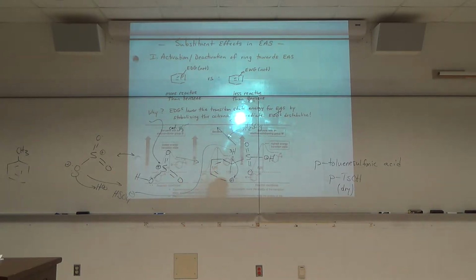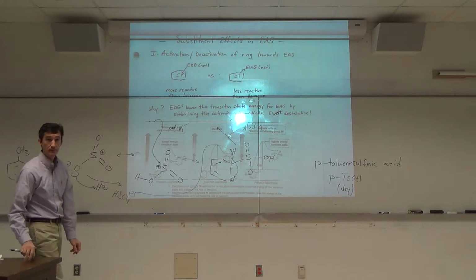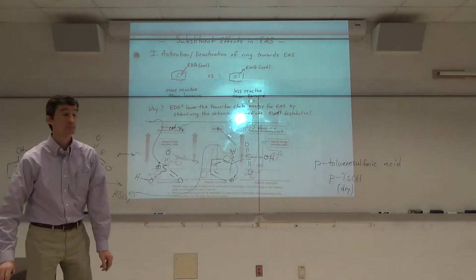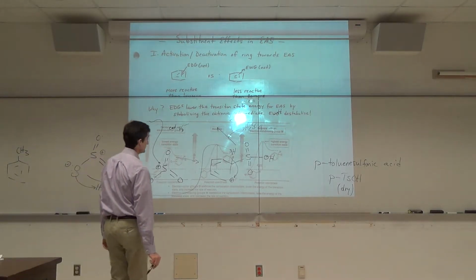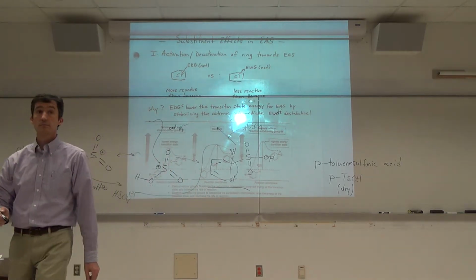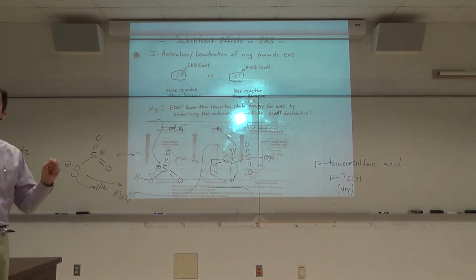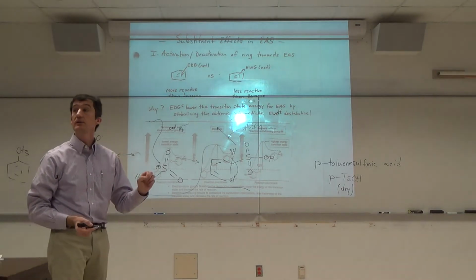This mainly comes down to what I alluded to when we introduced EAS. That is, what's the charge of the intermediate in EAS? What's the intermediate called? Yes, I also call it a sigma complex. You're making a carbocation intermediate in your EAS reaction.